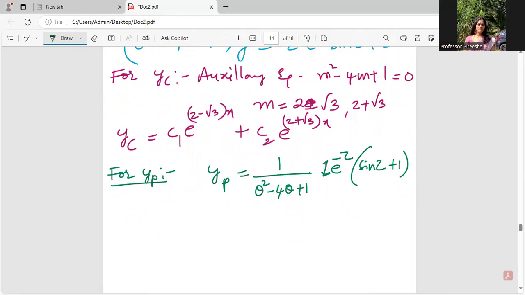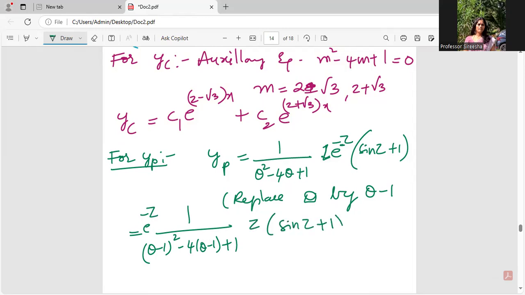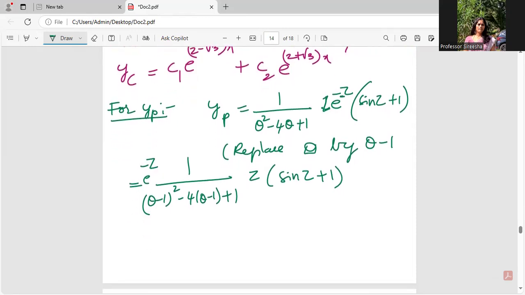First remove your e power z, for which I should replace theta by theta minus 1, because in the place of a, I have minus 1. So I'll be having 1 by theta minus 1 whole squared minus 4 into theta minus 1 plus 1. Done, I'm done with the e power minus z part, so I'll be removing it out. I'll be having z into sin z plus 1 part inside.